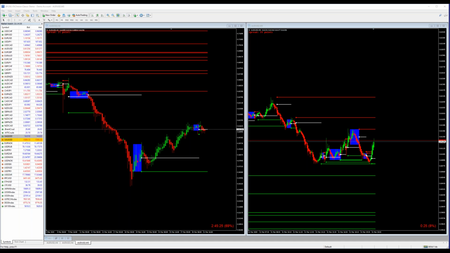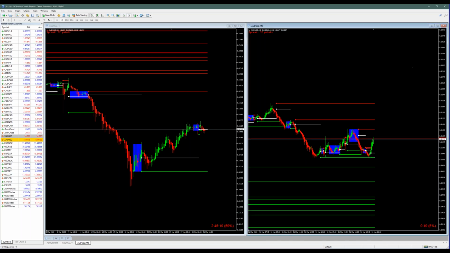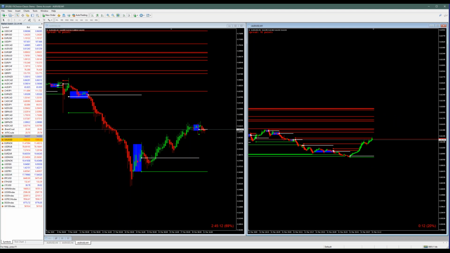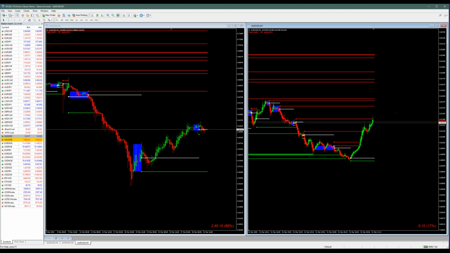Another question here: do you recommend the 1 minute time frame? You can trade the 1 minute time frame. I will tell you though, it is extremely fast and it incites a lot of trades, but you need to look at the spread. Right now you can see on this account it's 1 point, basically a 2 pip spread. Look at the spread in conjunction with the overall movement. If you're trading a 1 minute chart, you want to be able to get into the money fast.